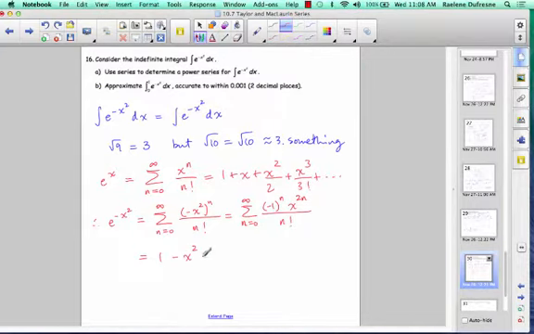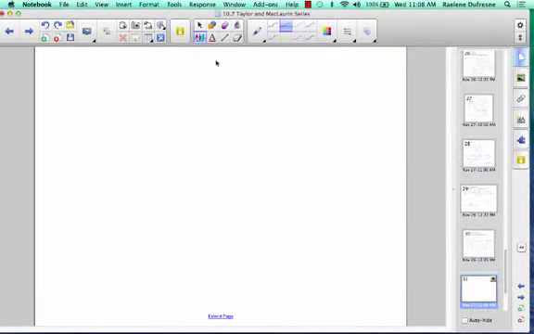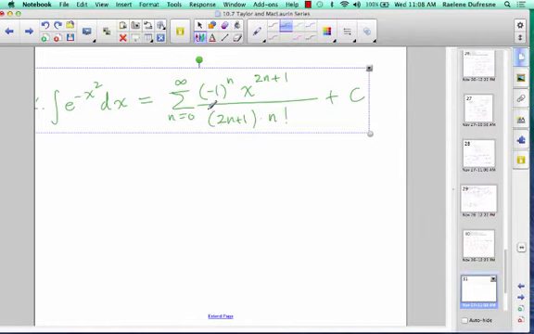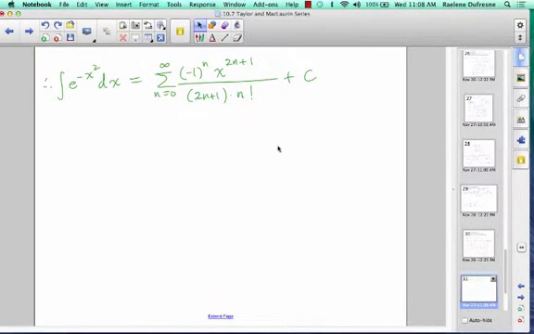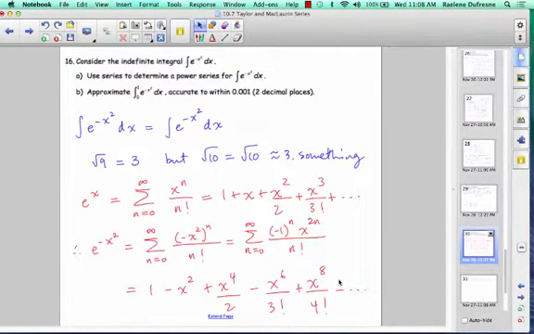And we have 1 minus x squared plus x to the 4 over 2 minus x to the 6 over 3 factorial plus x to the 8 over 4 factorial minus dot dot dot. And so our antiderivative would be the term-by-term integration of this.